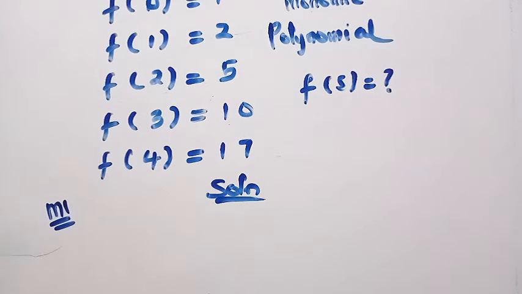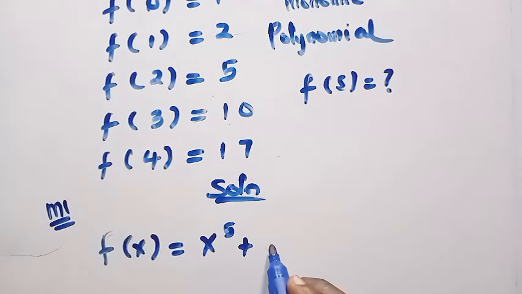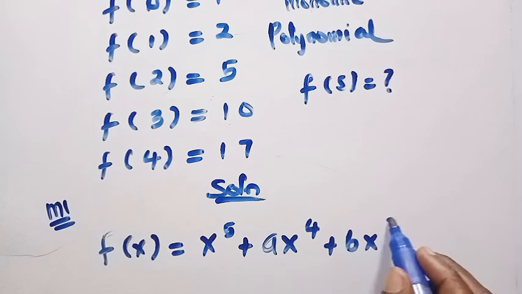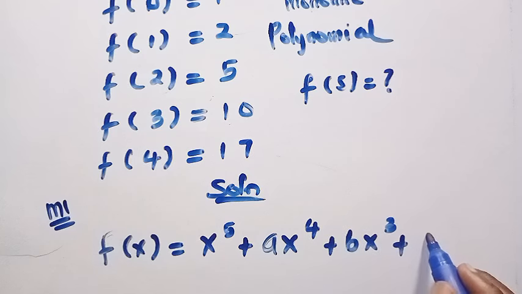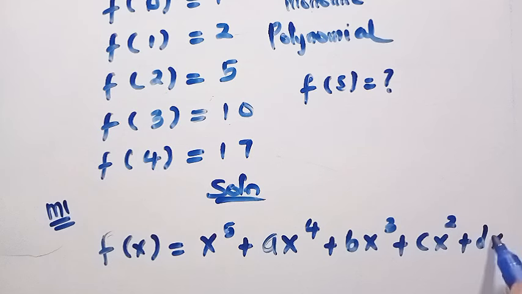Since the degree we have is 5, we are going to have f of x equals x raised to the power of 5 plus, choosing some coefficients, a x raised to the power of 4 plus b x raised to the power of 3 plus c x raised to the power of 2 plus d x raised to the power of 1, then plus e.